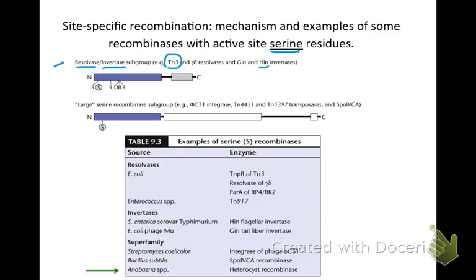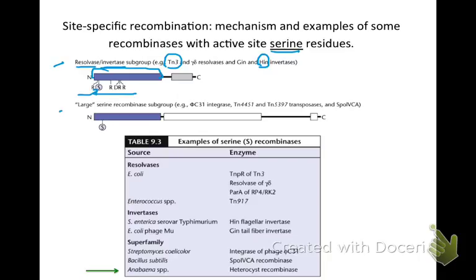So we're going to be talking about Hin in just a minute. This is the active region of the enzyme, and this blue box indicates the region that's conserved in many of these types of enzymes. And notice that very near the N-terminus we see this active site serine.